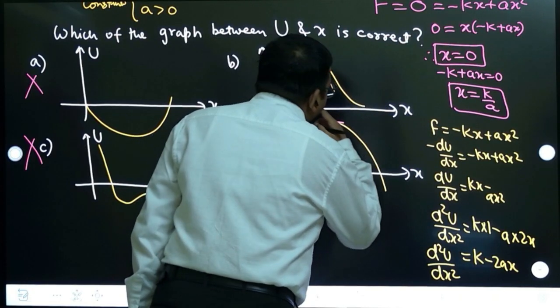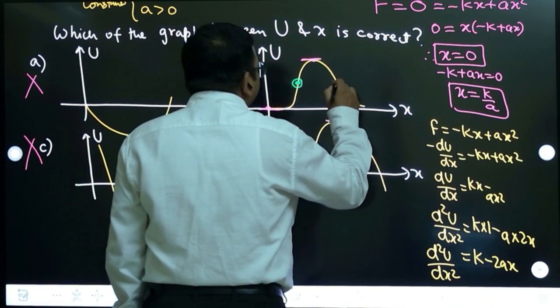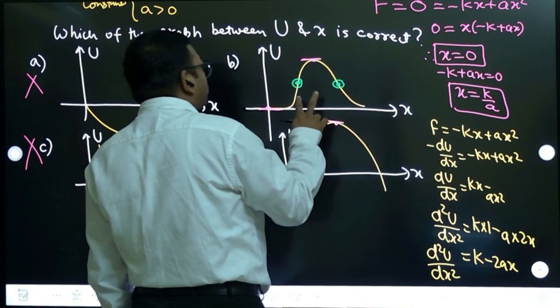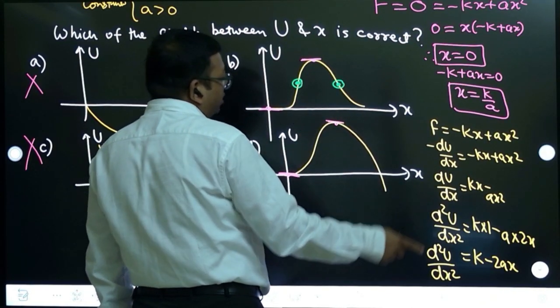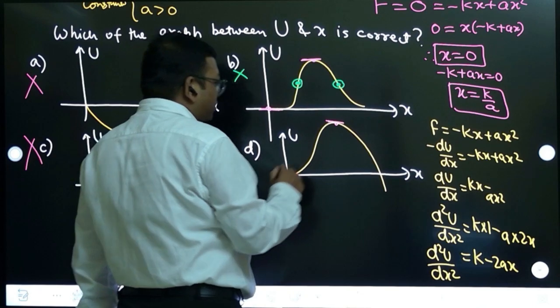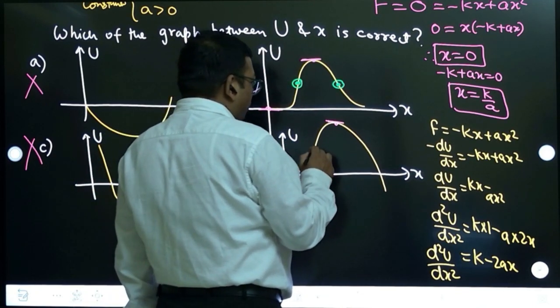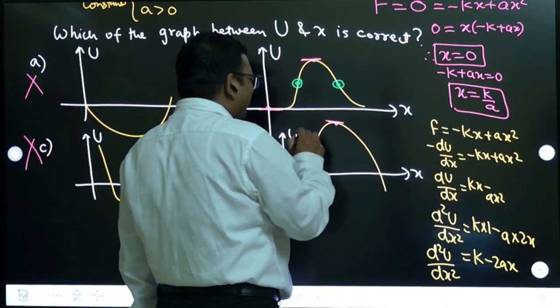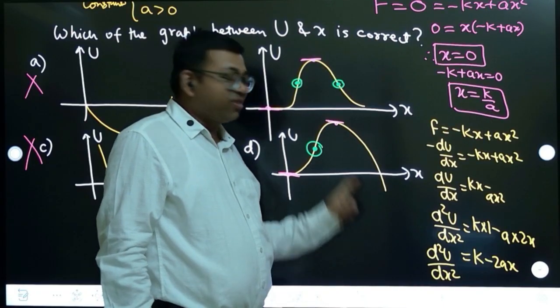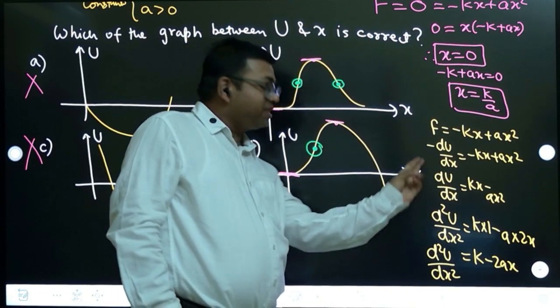Is it changing or not? It looks like somewhere here it may also change from concave to convex. So there look to be 2 points, but there should be only one point where the shape changes. So this graph can be rejected. What about this graph? This has only one point, because this side is only one shape. It is only convex. Here they have not changed the shape of the graph.